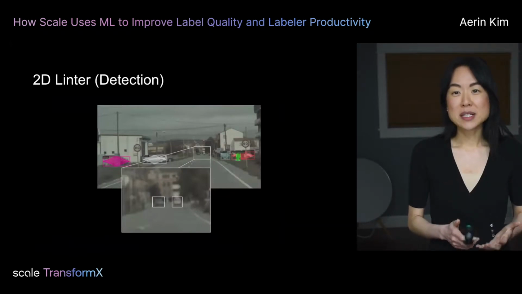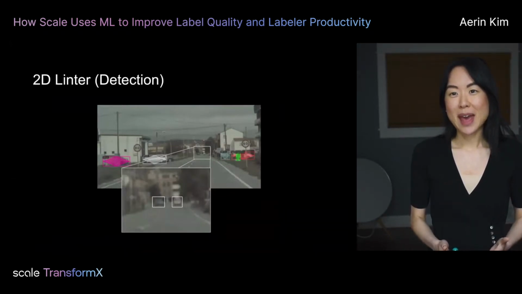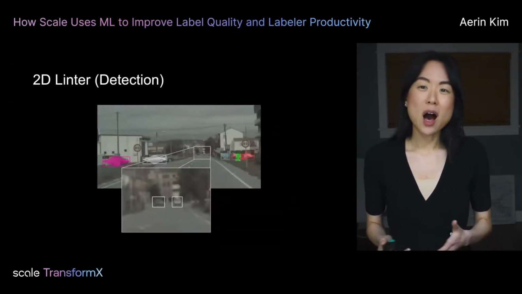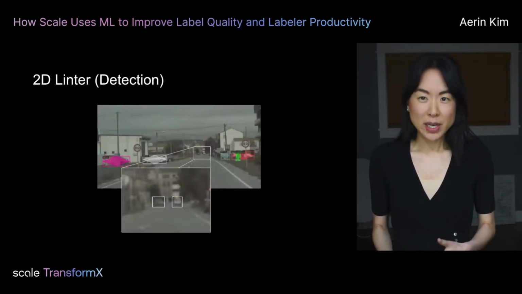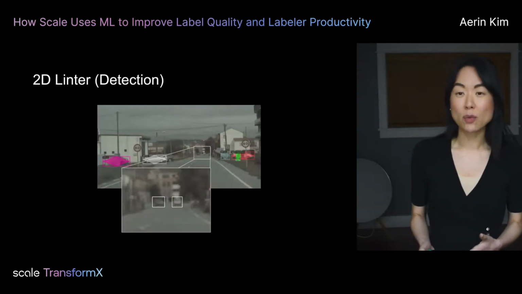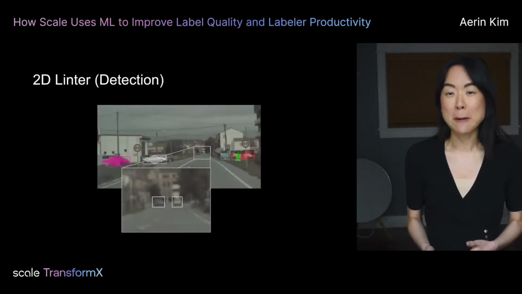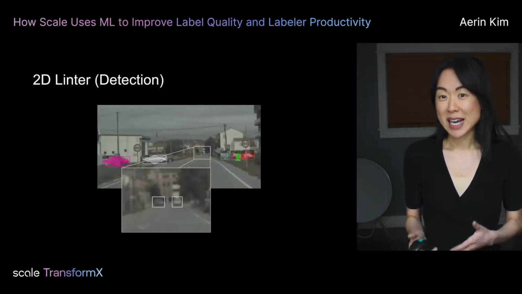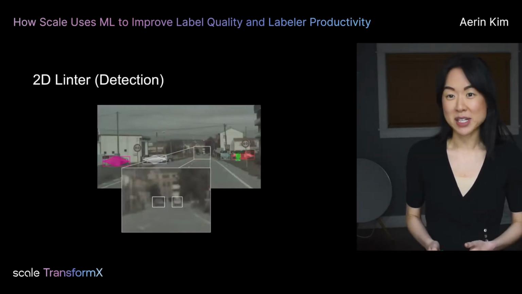So that was the LiDAR linter, and we have image linters as well. When the objects are not occluded, we can detect things pretty well with camera data. The white boxes are the cars detected by the linter and not by the testers.